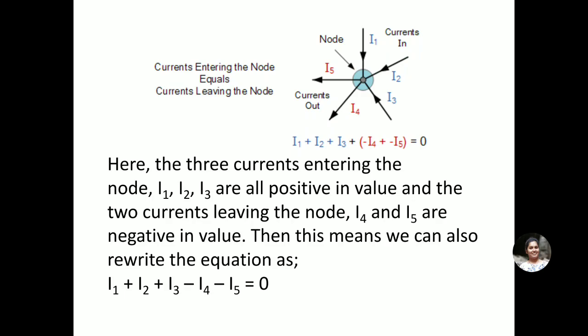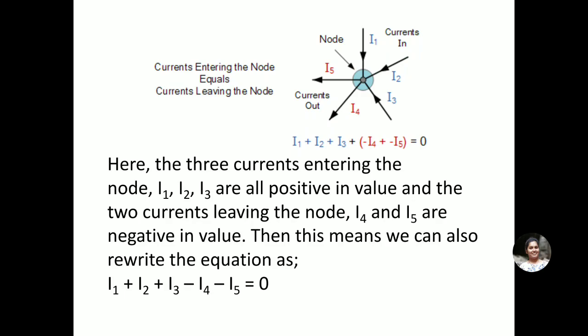The currents I4, I5 are flowing out from the node, indicated in red color. So I1, I2, I3 are the input or incoming currents, and I5 and I4 are the outgoing currents. What Kirchhoff's current law is saying is that the sum of the incoming currents, that is I1, I2, I3, will be equal to the sum of the outgoing currents, that is I4 and I5.